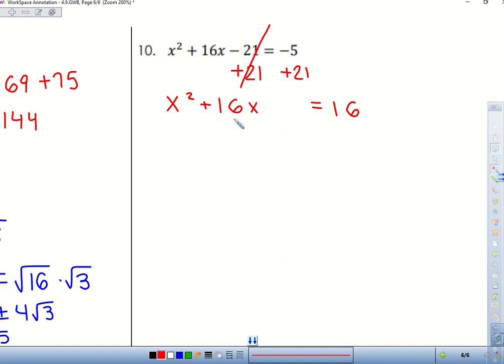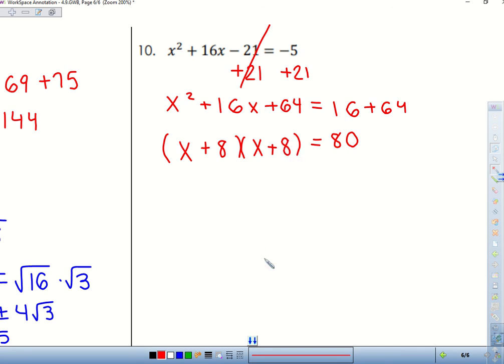So I can start by taking half of this and squaring it, which is? Good, 64. If I add it to one side, I have to add it to the other side. Good. Factors of 64 that add up to 16? 8 and 8. Good. I can rewrite this.